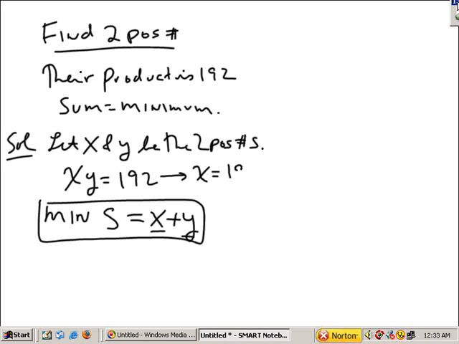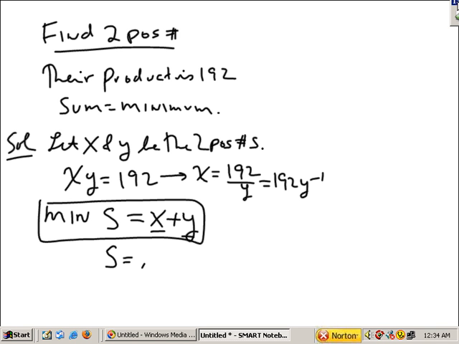I will divide both sides by y. That is 192y to the minus 1. That's x. Let me not write x, excuse me.